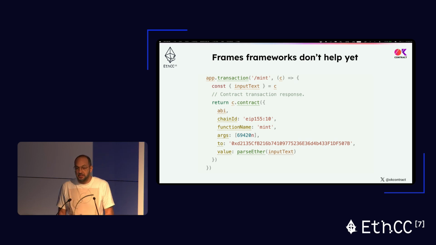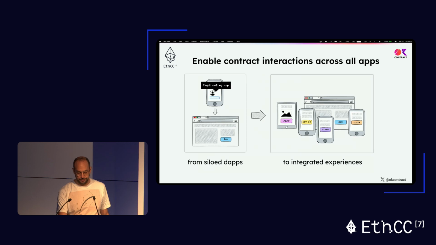So that's a single step, but it's way insufficient to reach what would be a global way to interact with smart contracts. What we want is enabling contract interaction across all applications to reach users everywhere.